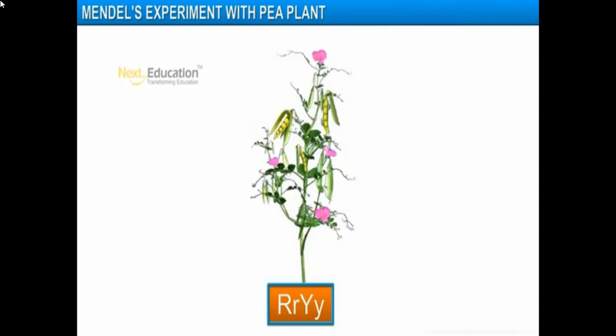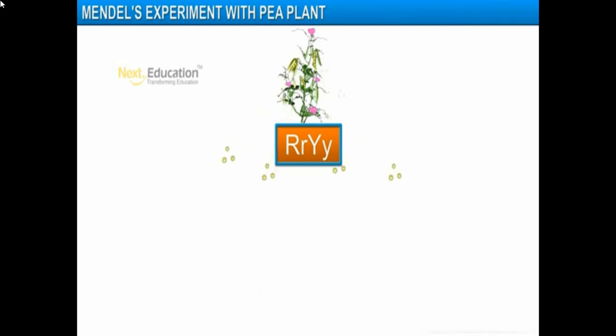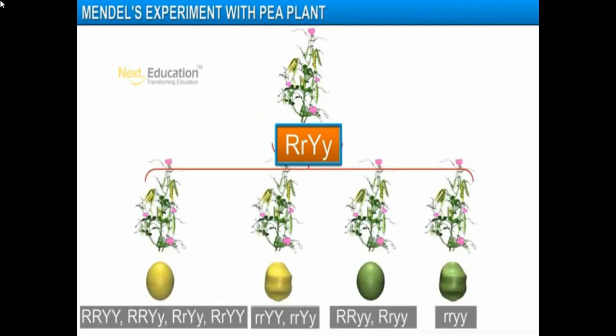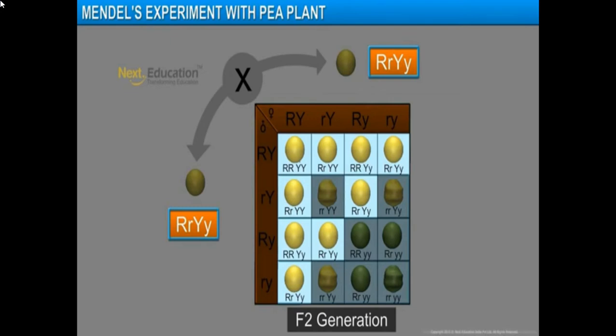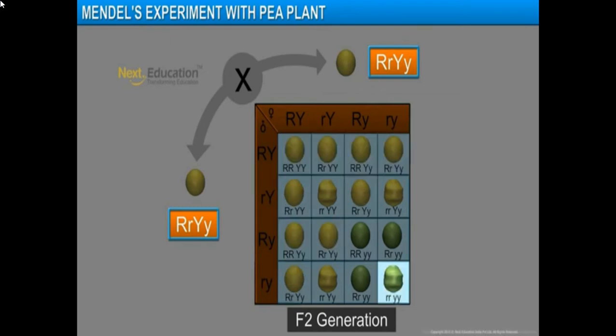The next step is to self-pollinate the F1 generation. Mendel found that some plants of the F2 progeny were similar to their parents and produced round yellow seeds, and some of them produced wrinkled green seeds.